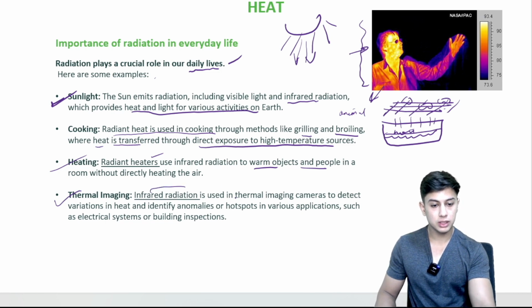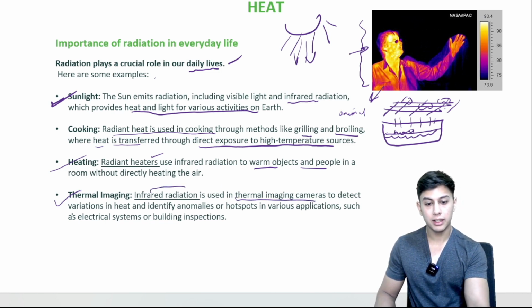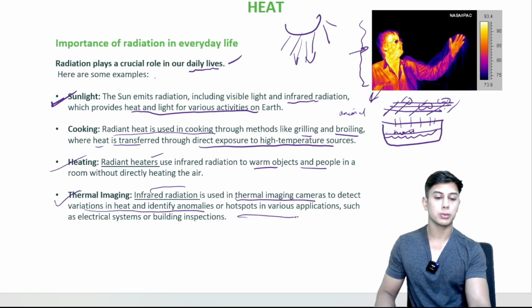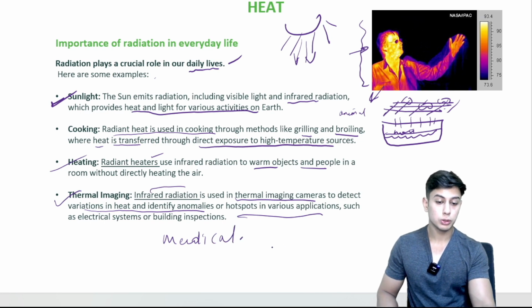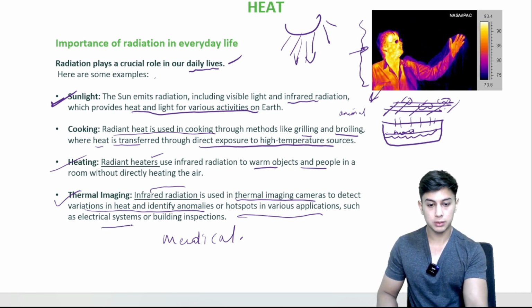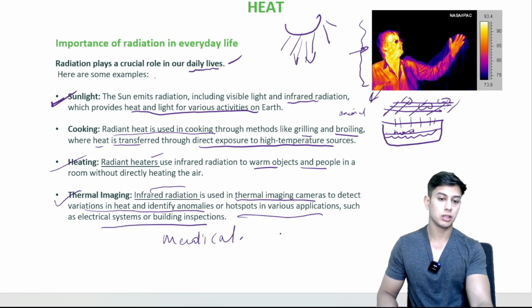Infrared radiation is used in thermal imaging cameras to detect variations in heat and identify anomalies or hotspots. This is also used in medical fields, okay, to spot any difference or anything that is unusual inside your body, such as electric systems or building inspections, okay.